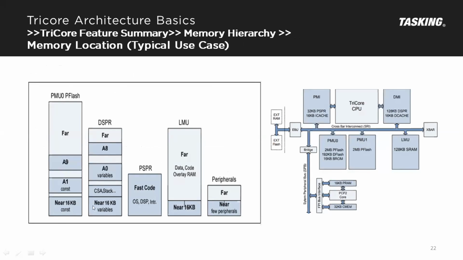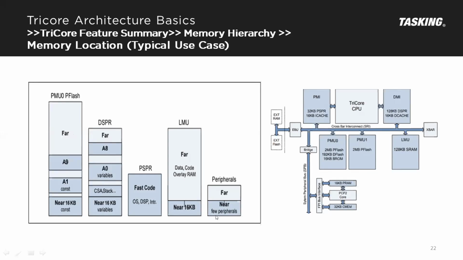This is the near addressing of the memory. And you will find here the A1 memory and A0 memory, and then A8 memory and A9 memory. This is the second fastest mode, and then the far memory where one needs more time in order to fetch the data or fetch the instructions.